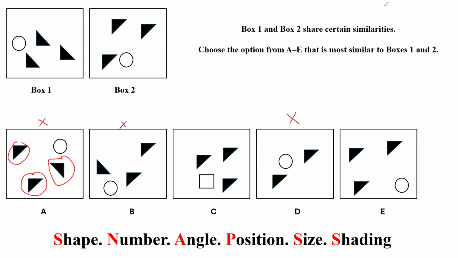Take a look at the shapes. Oh, the white one, it's a square, not a circle. Perfect, very good, Gersima. If we look at these two, we've got a circle in both of them. So we should expect a circle to be in our answer. So it can't be C. And therefore the answer is E. Yeah, it's got the circle, it's got three triangles at the same rotation, so it follows the rules, if you like, of box one and box two.